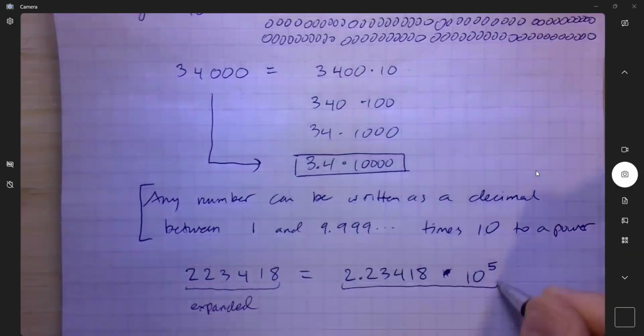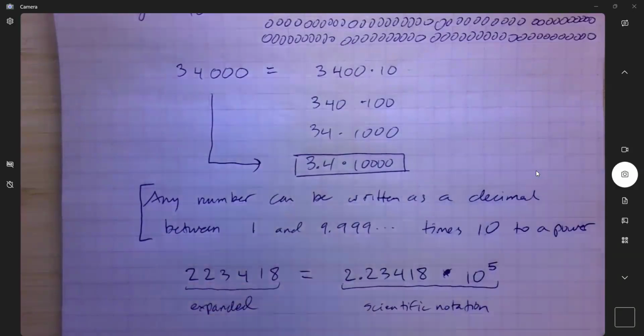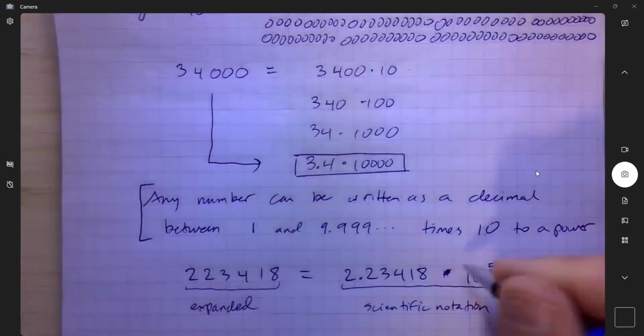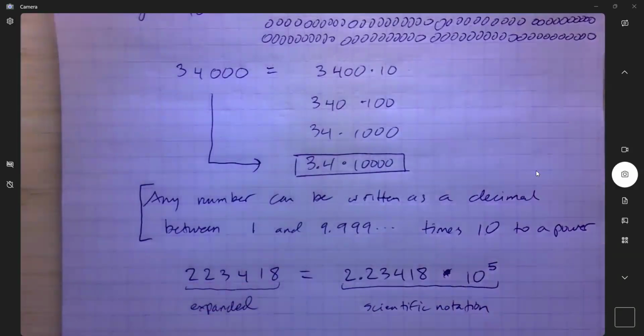And this is scientific notation. It's just a way that mathematicians get a little bit lazy. And we're like, since I'm already working in the decimal system anyway, decimal means 10, I might as well use that to my advantage.